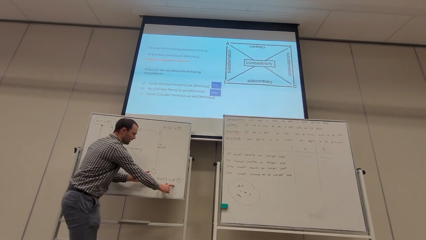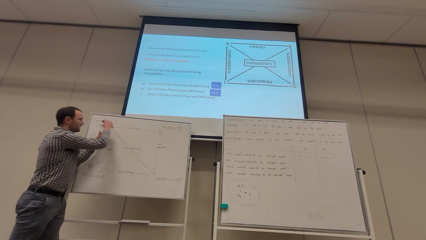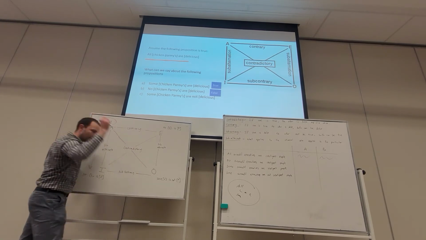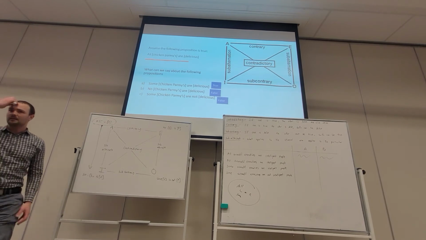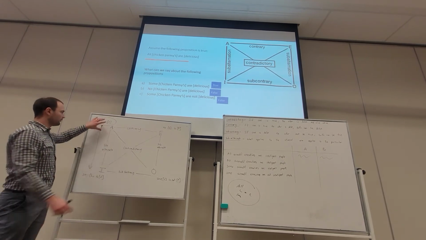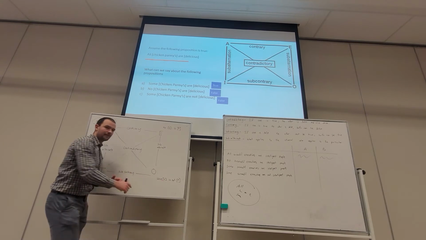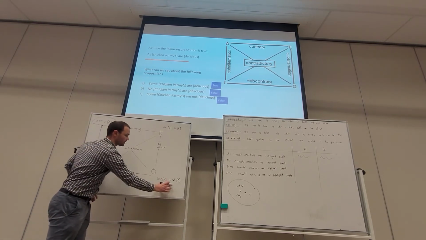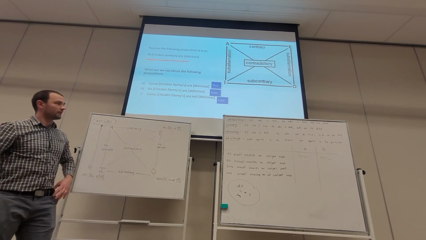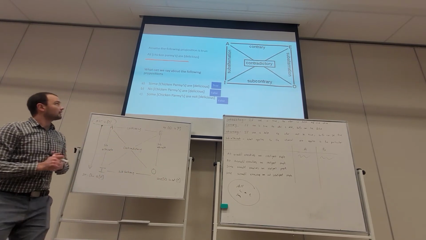That's our O, and they are contradictory to one another. So if this is true, this has to be false. An easy way to do this is to go straight for the contradictory and fill that one in first. Because if you do that, then you can use that proposition as well to help you fill in the square of opposition. Okay, let's go on to the next slide.